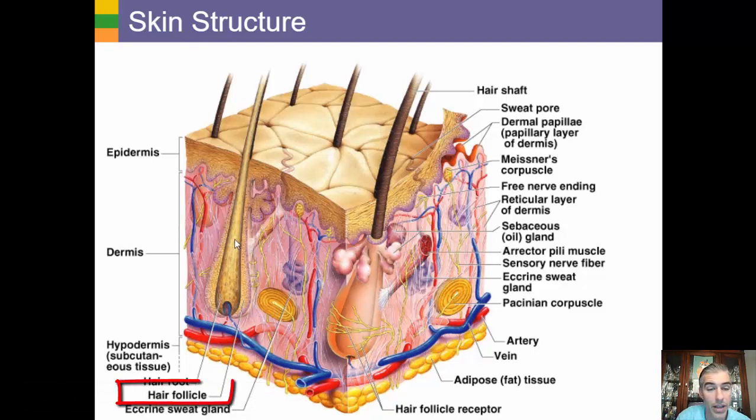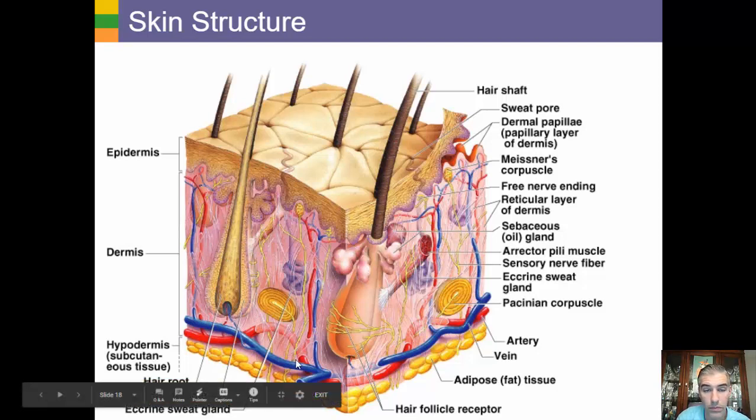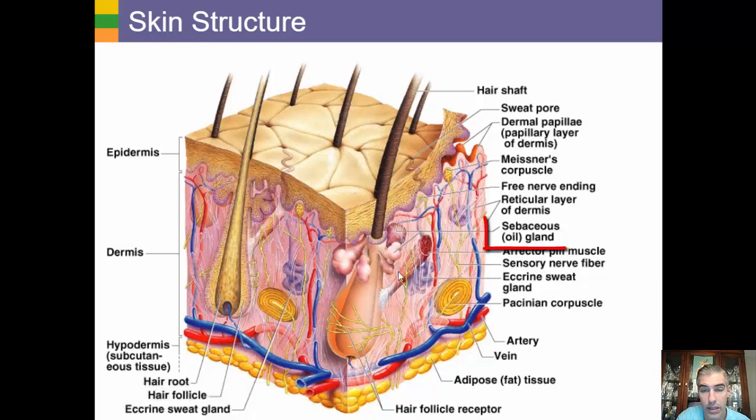I want you then to label the hair follicle, which is this part right here. This is the follicle of the hair. You can actually see this if you pull a hair out. Sometimes the follicle comes out with it. I want you to label the sebaceous glands, which empty out onto the hair. You can see they look like cauliflower kind of.